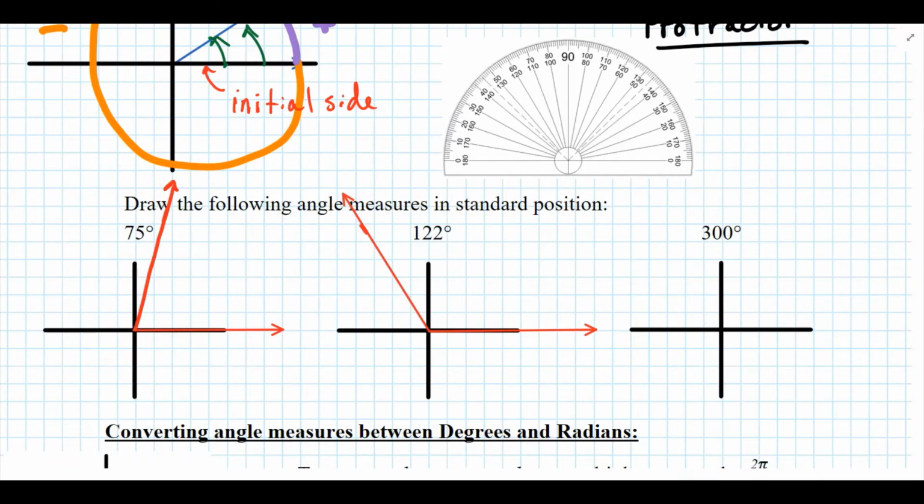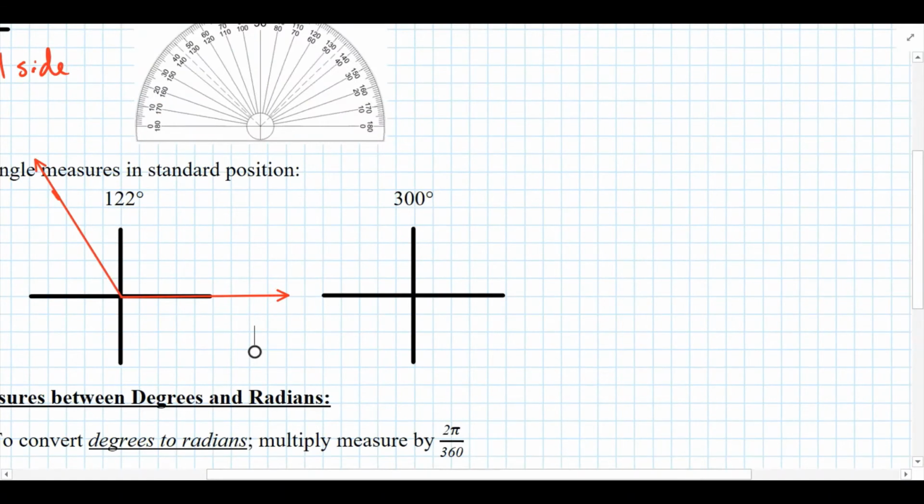We now have the angle drawn in standard position. Our third example is a bit different, however. Since our protractor only reads angles up to 180 degrees, we must mark the position of a coterminal angle.